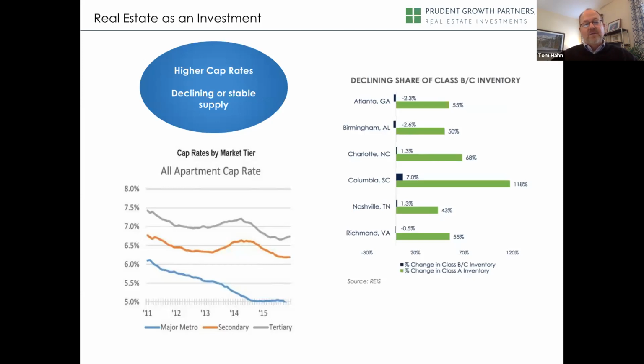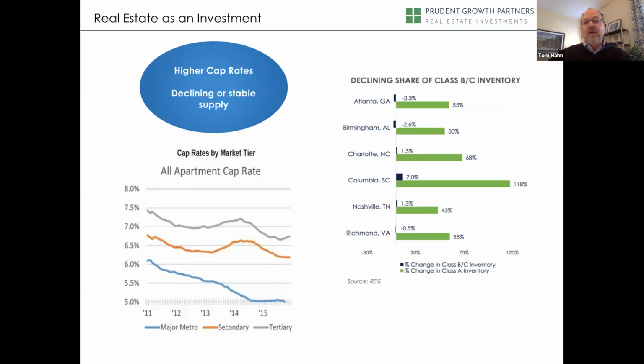And as you can see from this bottom left-hand chart, the gray line, the tertiary markets, these are your smaller towns, 50, 75, 100,000 person towns. And you tend to get higher cap rates there because there's a lot of large institutions that simply won't buy in a major market or in an MSA with fewer than maybe 250,000 residents in it.